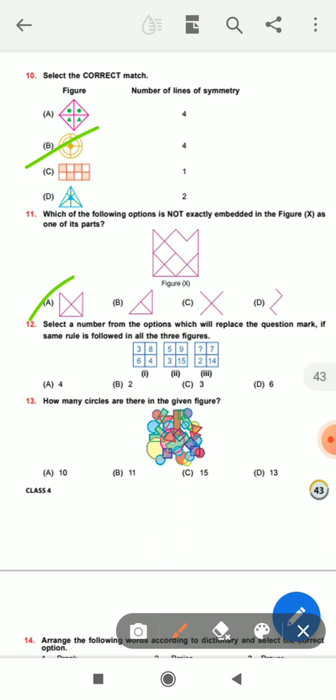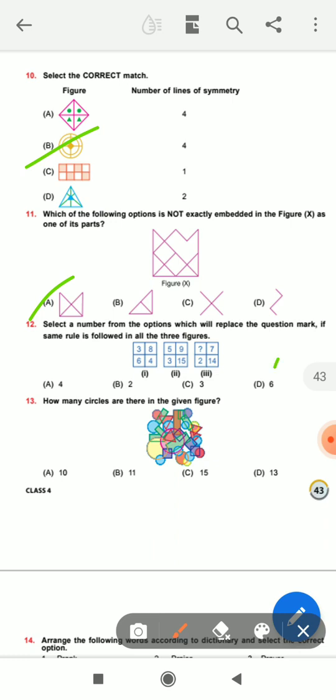Okay student, next question number 12. Select a number from the options which will replace the question mark if the same rule is followed in all three figures. Just multiply: 3 into 8 is equal to 24, 6 into 4 is equal to 24. 5 into 9 is equal to 45, 3 into 15 is equal to 45.